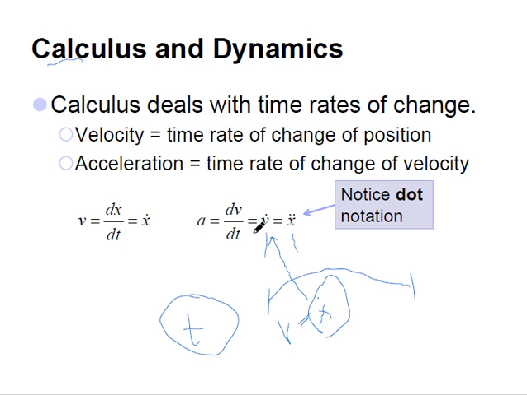So double dot x is your acceleration, single dot v is your acceleration, and single dot x is your velocity.